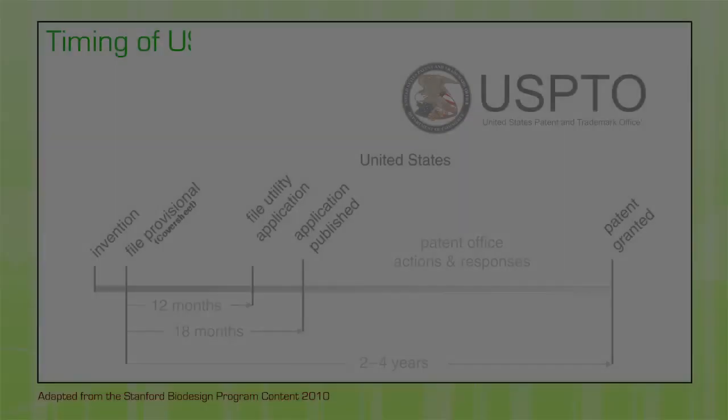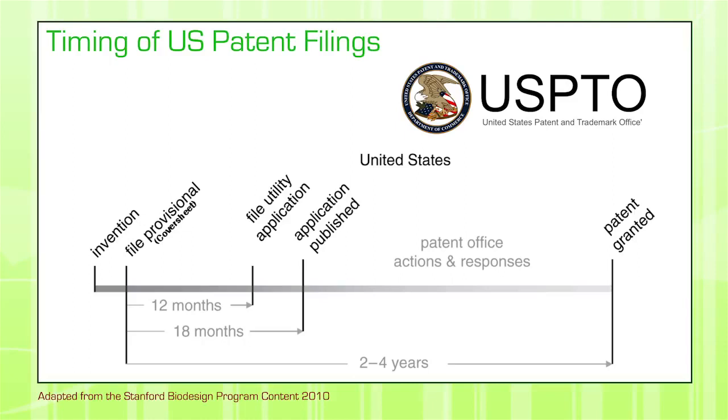Well, there is a very established timeline of the things you have to do in order to have a valid patent. First of all, you have your invention, and hopefully you don't disclose it until you file a provisional patent, which is sometimes called a cover sheet, or it could be a thorough document consisting of a provisional protection of your device.